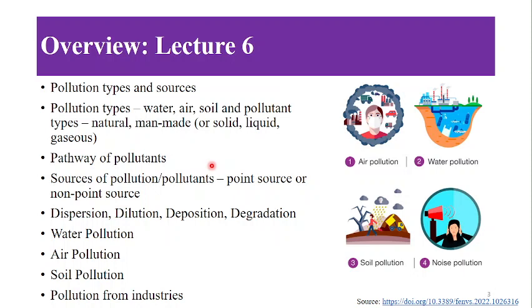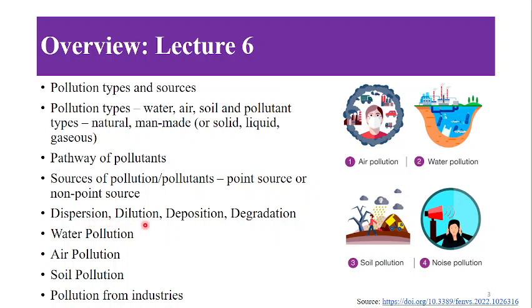Next, pollution can be reduced in some way by four modes: dispersion, dilution, deposition, or degradation. Dispersion, as the name suggests, is the spreading of these contaminants into the atmosphere.